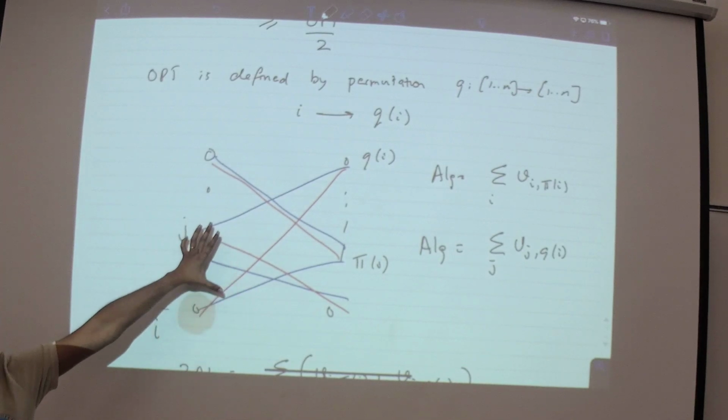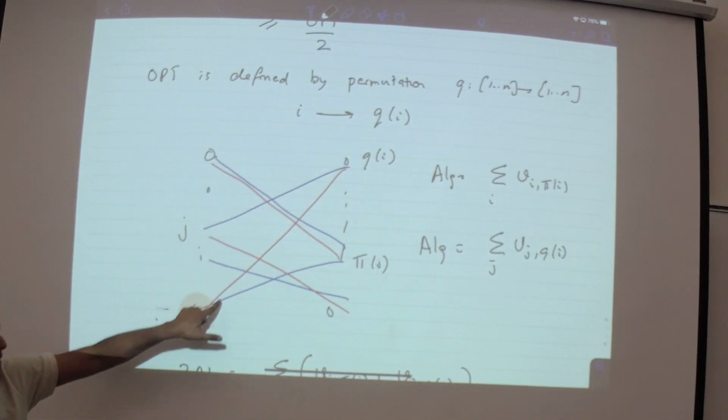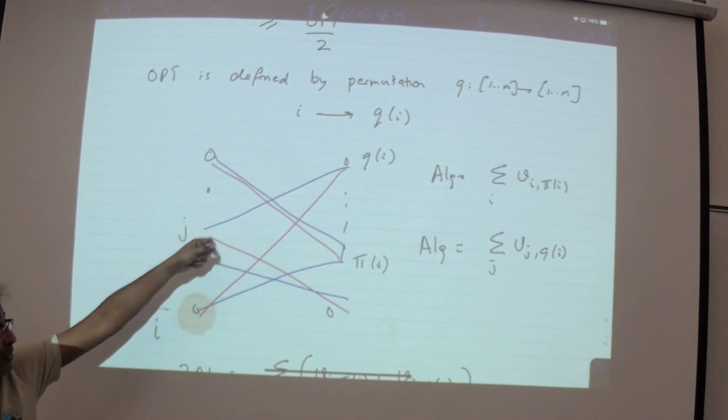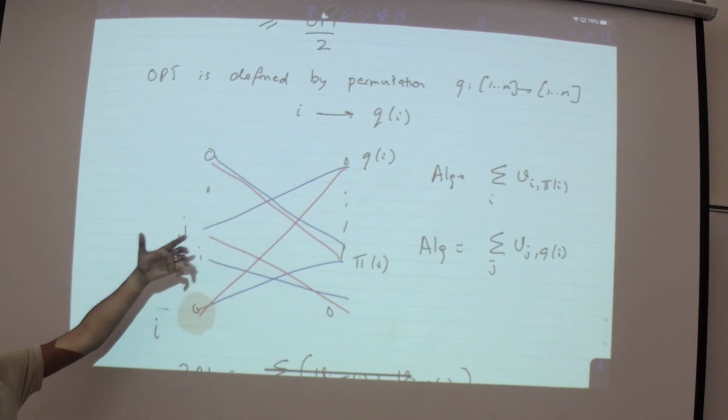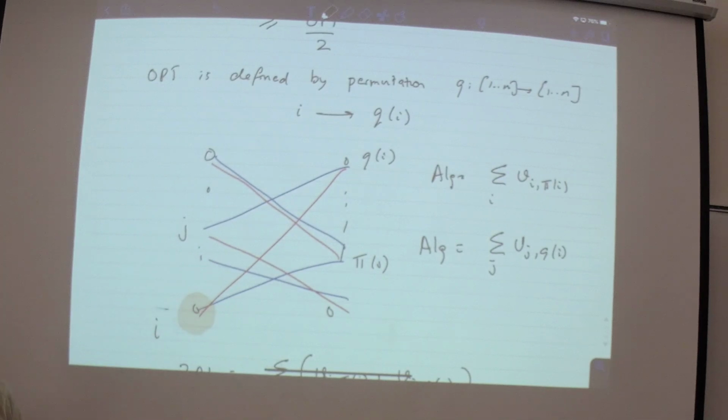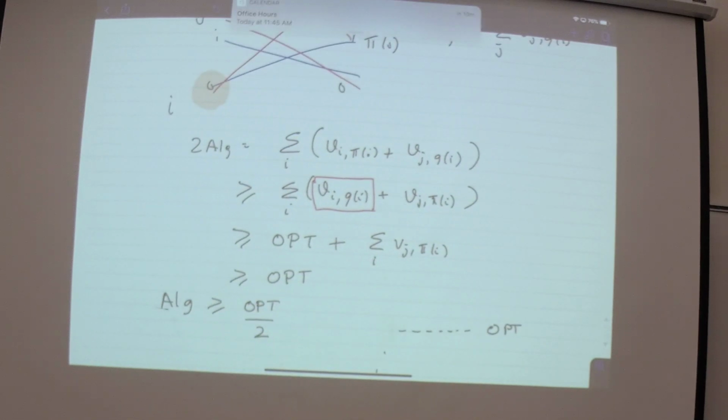This isn't that big, which means these aren't that small. If this was a really good value, I should have been able to swap to get a better answer. But I didn't. So it's not very good. That's sort of the idea. And then the rest of it, like I said, looks like elementary algebra, but it's sort of weird. It just seemed like magical. Maybe that's the feeling you're getting.